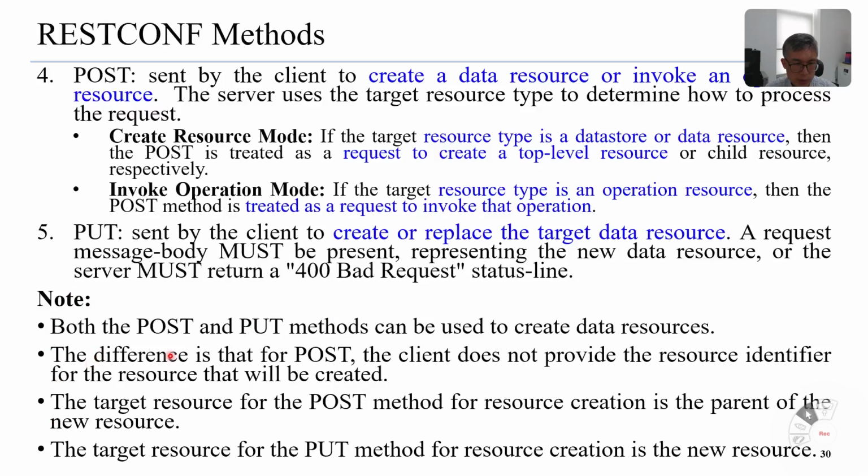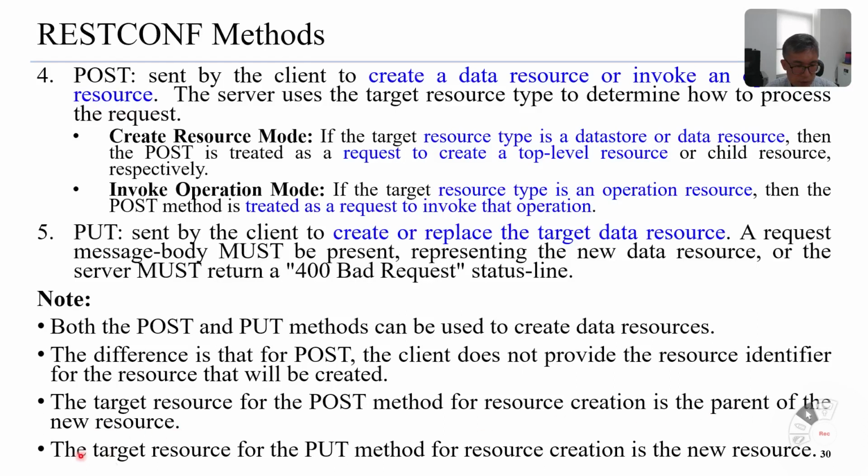Note the differences between the post and the put methods. Both post and put methods can be used to create data resources. The difference is that for post, the client does not provide the resource identifier for the resource that will be created, and the target resource for the post method for resource creation is the parent of the new resource.